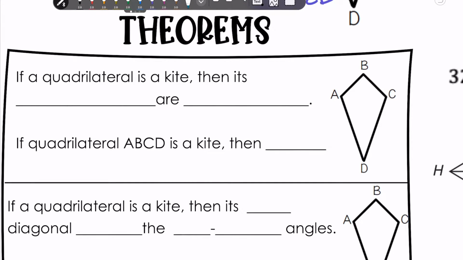So if a quadrilateral is a kite, let's mark it up. This is our kite part right here. We've got our hypothesis, or our given. So if it is a kite, then its diagonals are perpendicular.